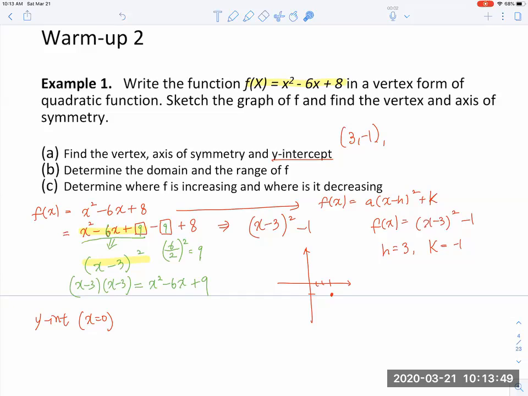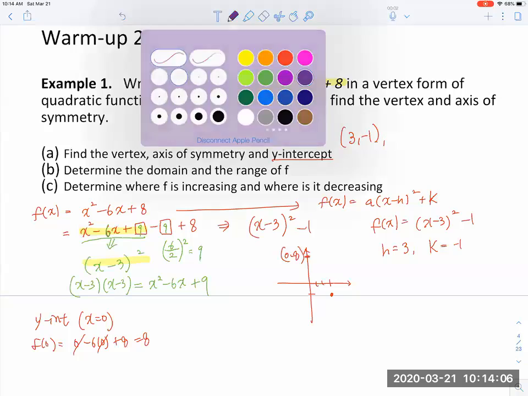It's going to be the same answer, 8. So f of 0 is 0 minus 6 times 0 plus 8, these are gone. So 8. This is your y-intercept. So if I graph it, it's going to be like that.